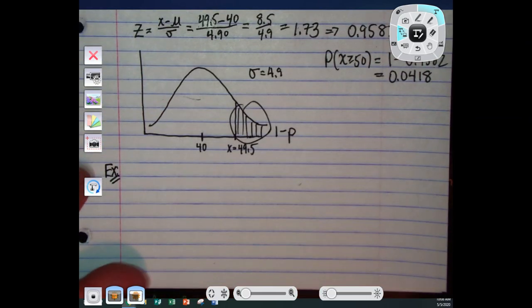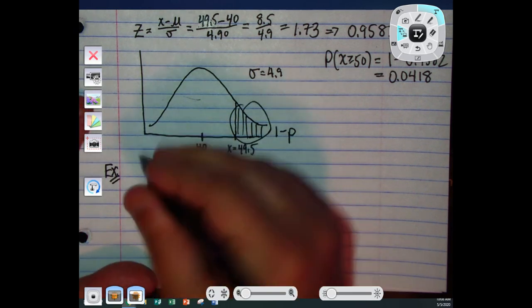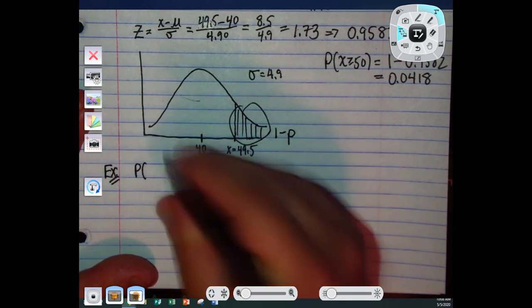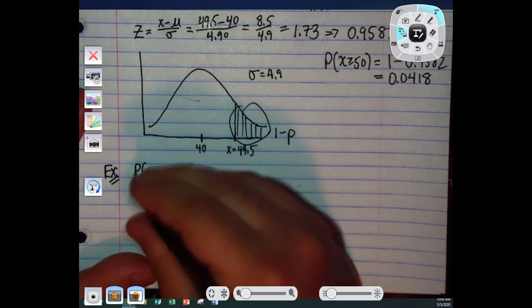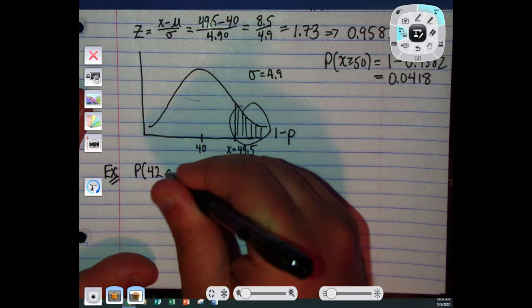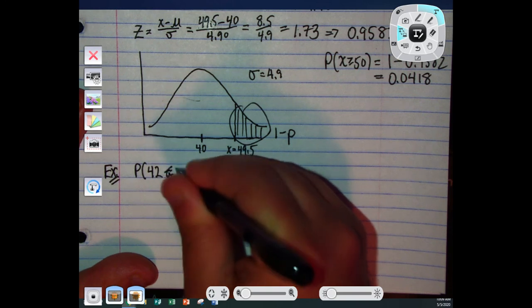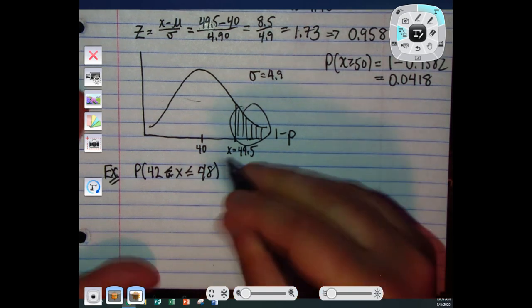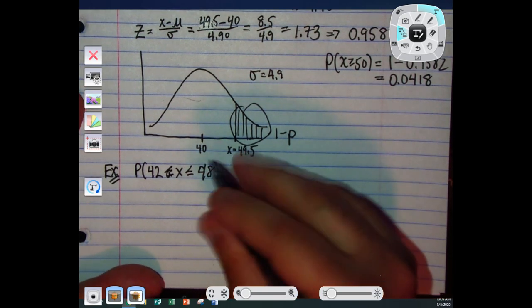Now, the next example, this time they want you to find the probability that x would be between 42 and 48 for a random sample of 100 drivers.